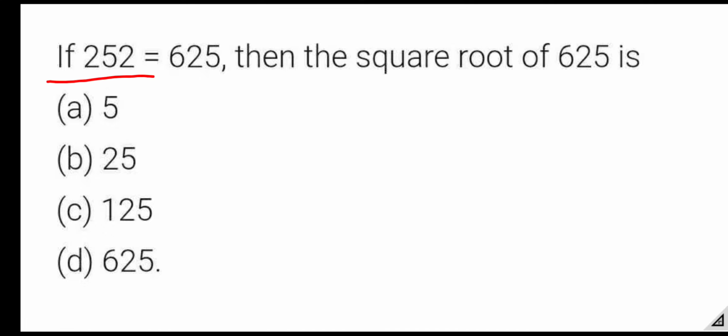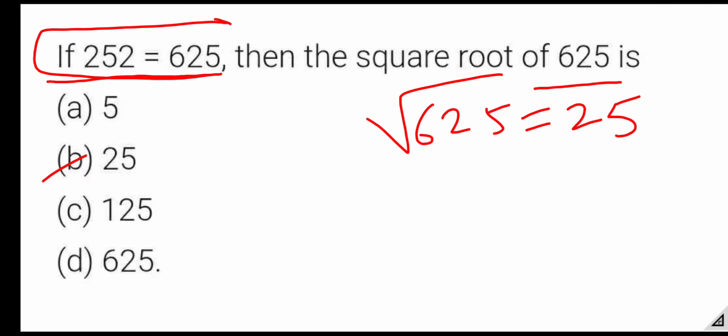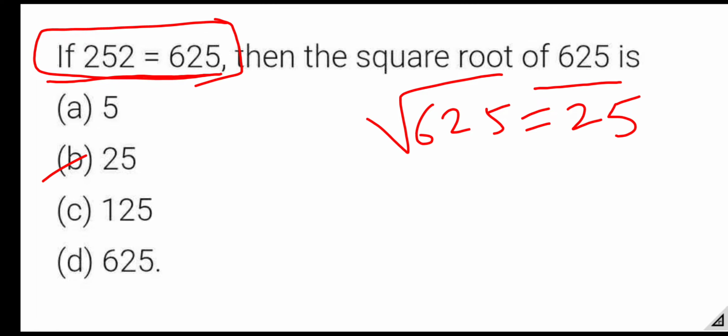Next question. If 25 square is equal to 625, then the square root of 625 is. Now square root of 625 is equal to 25. So answer is B option. Do not be confused by this, because 25 square is not equal to 625.